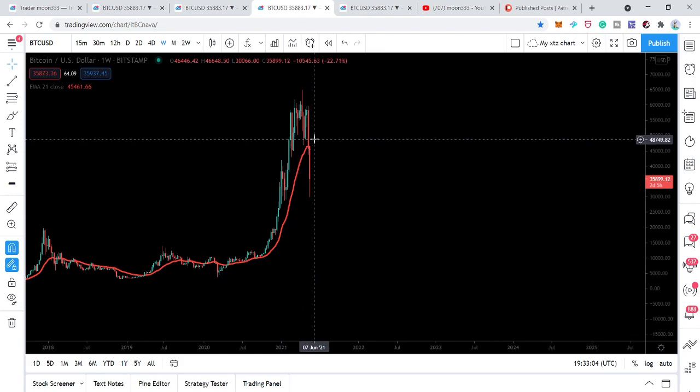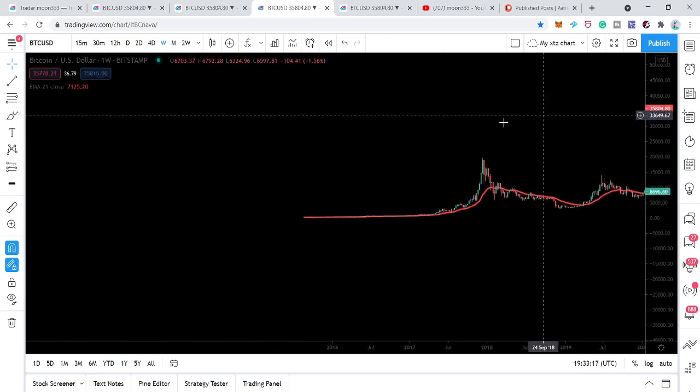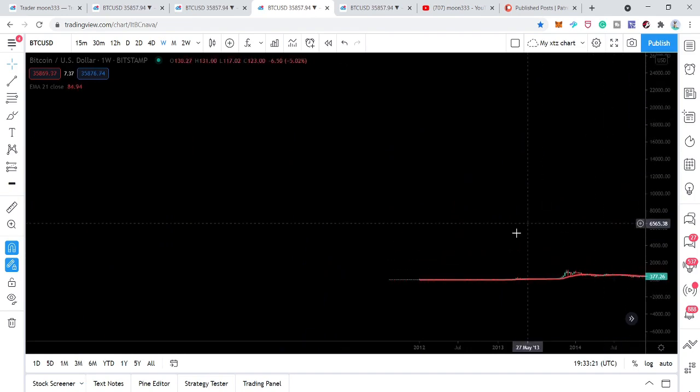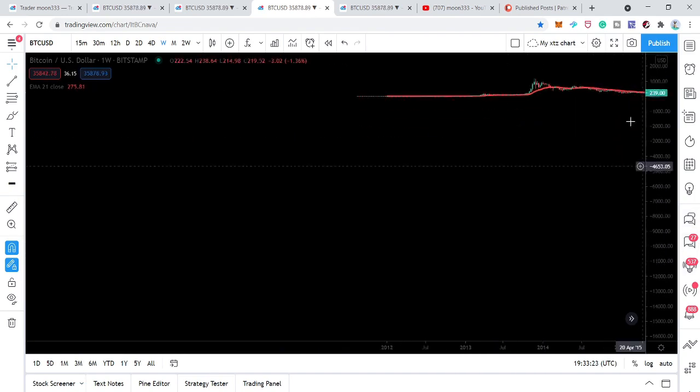However, it has already happened before in the history of Bitcoin that we had the weekly closing during the bull run below this EMA 21. Let me show you back in 2013. We have already seen it in my previous video as well. This was the previous bull run back in 2013.